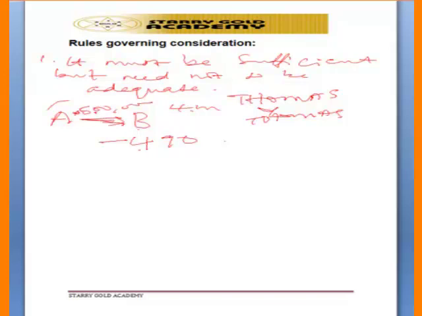But this may later become sufficient if Mr. A, maybe after some persuasion, decides to collect this 490,000 naira and also agrees to forgo the remaining 10,000 naira. If that is their new agreement, then this 490,000 will now be sufficient consideration.